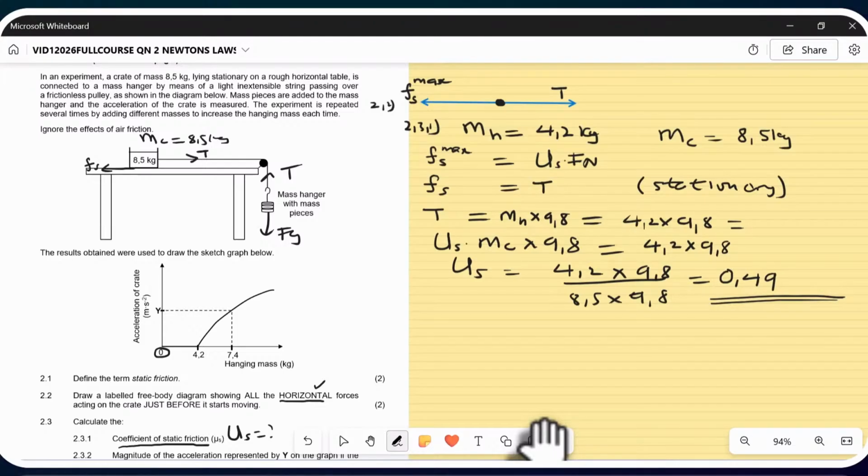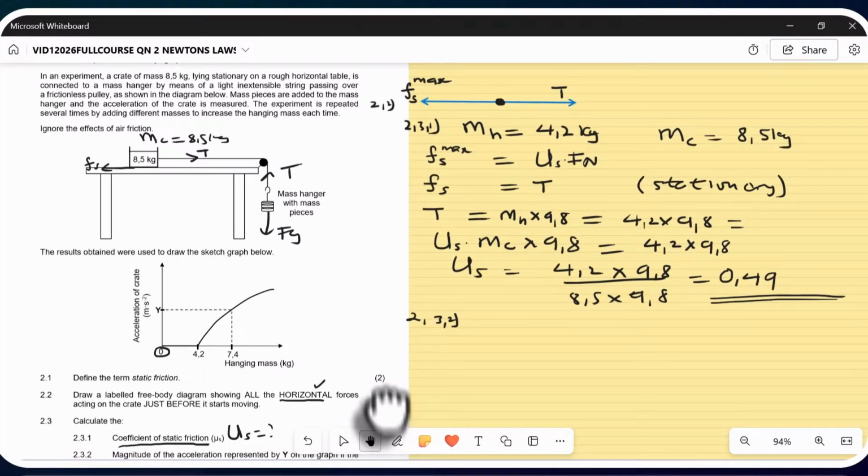Then 2.3.2. What must we get? They say to calculate the magnitude of the acceleration represented by y on the graph if the coefficient of kinetic friction between the crate and the table is 0.4.